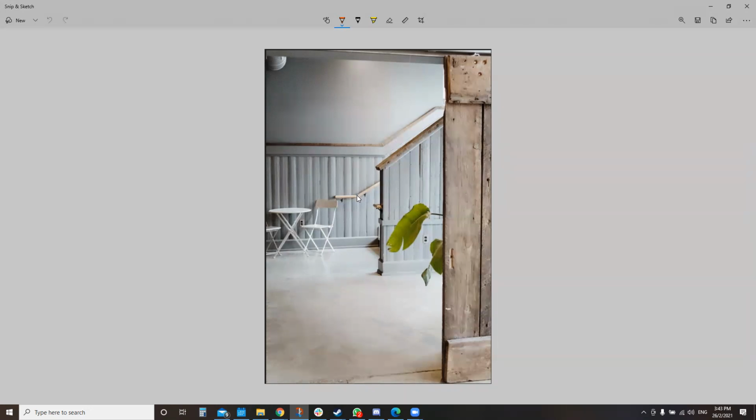For example, the first thing is the picture has things that are not really blending into the entire scene. The first thing you do is look at the scene and determine what the scene is trying to say. This is a picture of a staircase and a table, and also there's a floor and a door made out of wood.